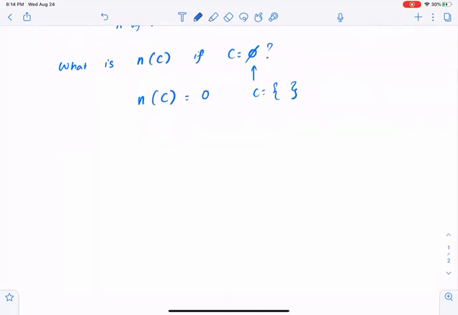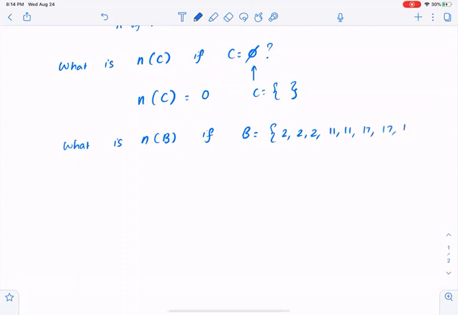For instance, what is the cardinality of B if B is the set 2, 2, 2, 11, 11, 17, 17, 18?